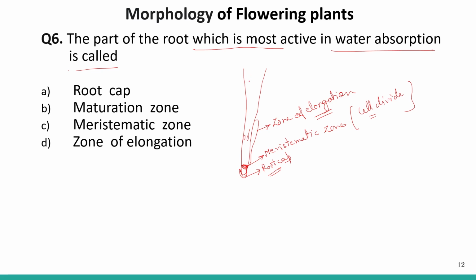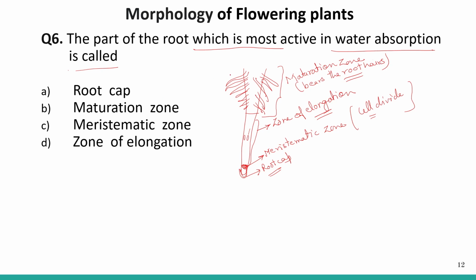Okay, and this particular part bears a lot of root hairs, like this. So the region which has a lot of root hairs is the maturation zone, which bears the root hairs.